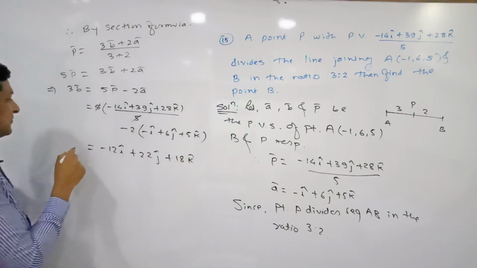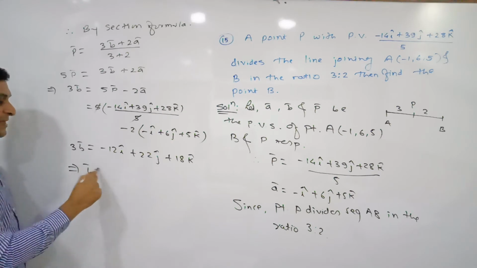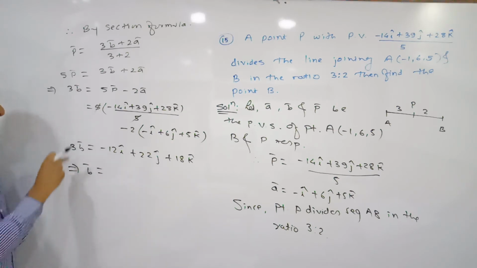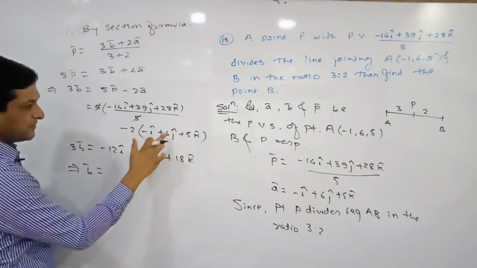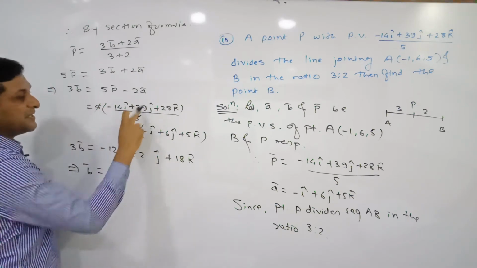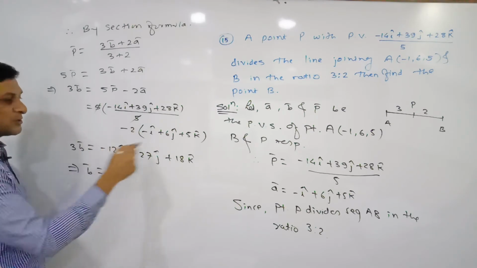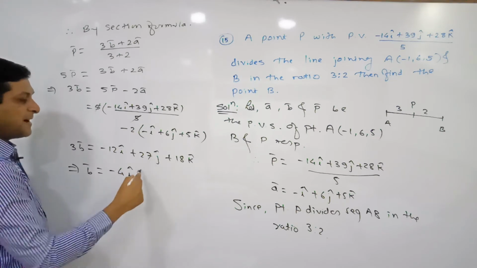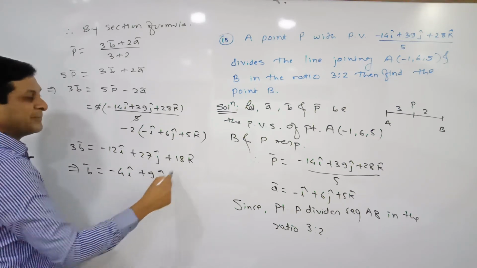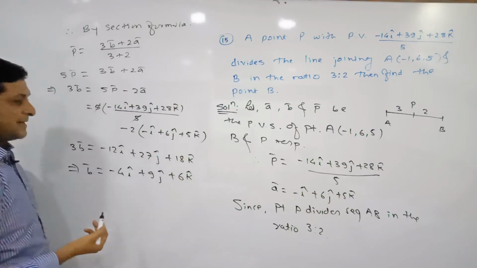This is the value of 3 B bar. To find the value of B bar, we divide both sides by 3. On this side 3 gets cancelled, and here we divide minus 12 by 3 to get minus 4 i cap, 27 by 3 to get 9 j cap, and 18 by 3 to get 6 k cap.